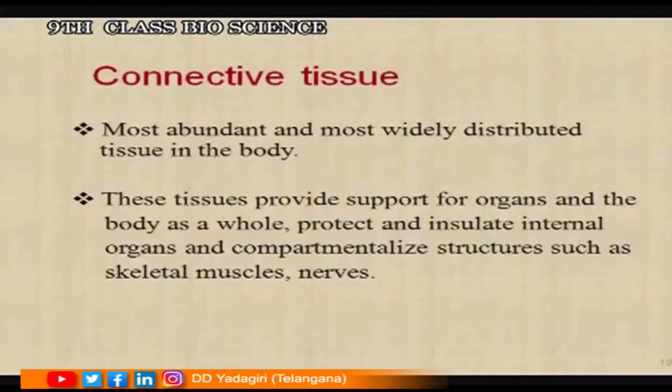This connective tissue is the most abundant and most widely distributed tissue in our body. These tissues provide support for organs and the body as a whole, protect and insulate internal organs, and compartmentalize structures such as skeletal muscles and nerves.